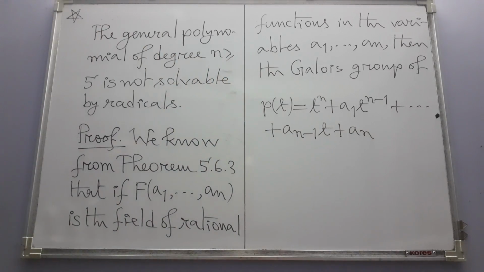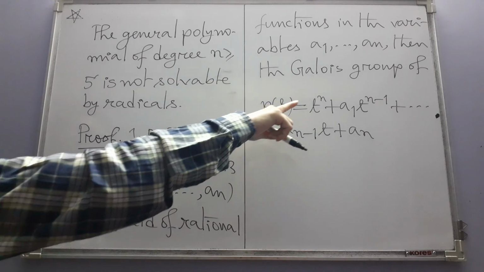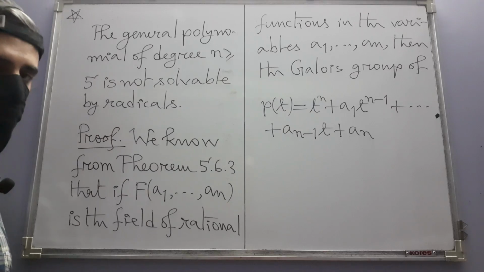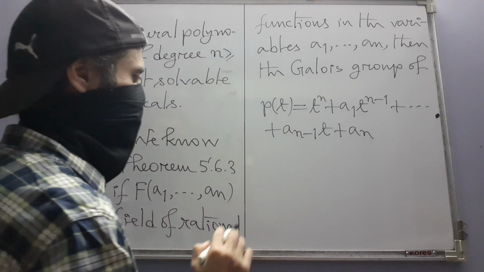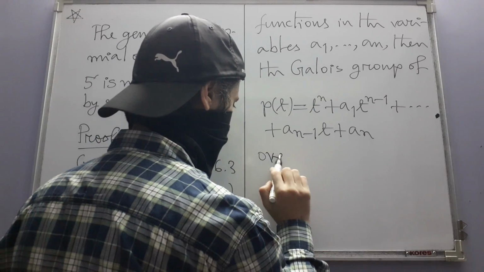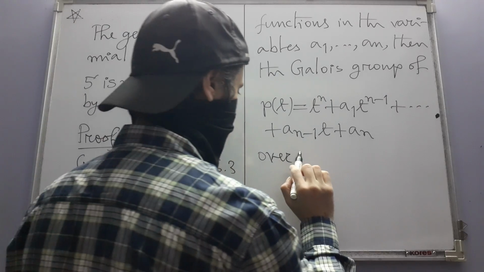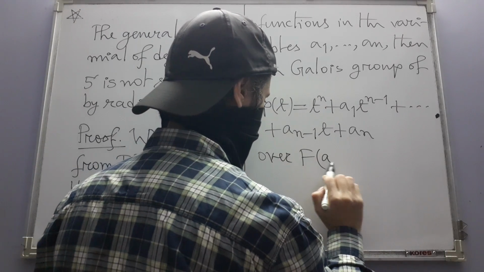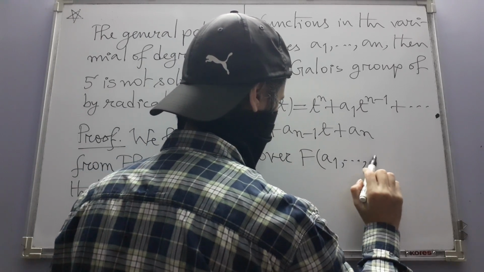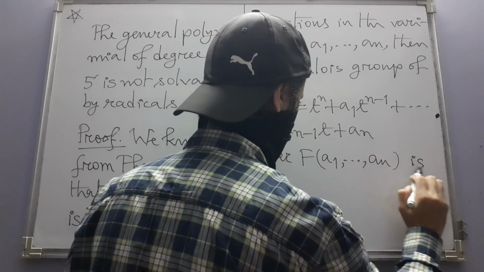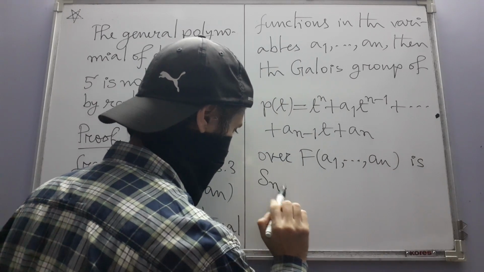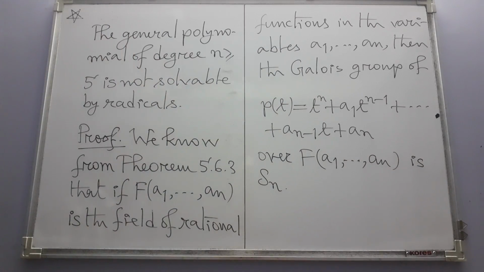The Galois group of this general degree n polynomial, where this n of course is at least 5, over this field of rational functions is S_n, the symmetric group of degree n.